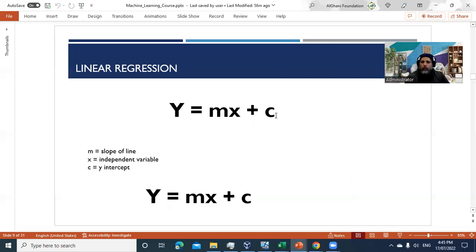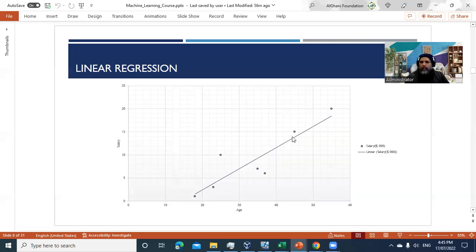Okay, so coming back to that equation, m is more like the slope of our line. What the slope is, just ignore that for now. I'm going to explain it in a separate video where we're going to discuss the math of linear regression.